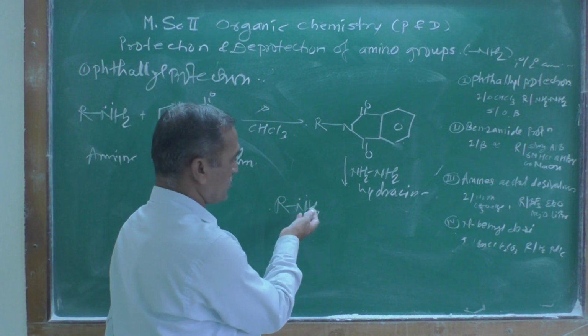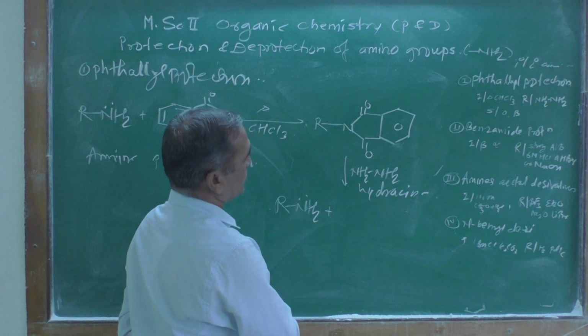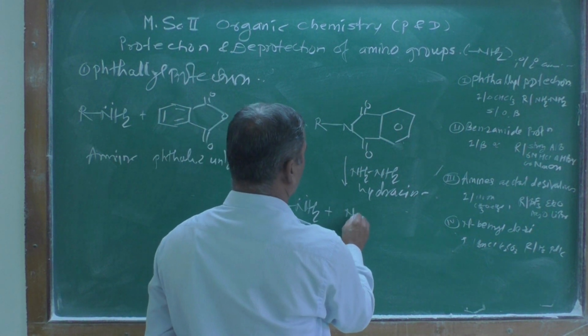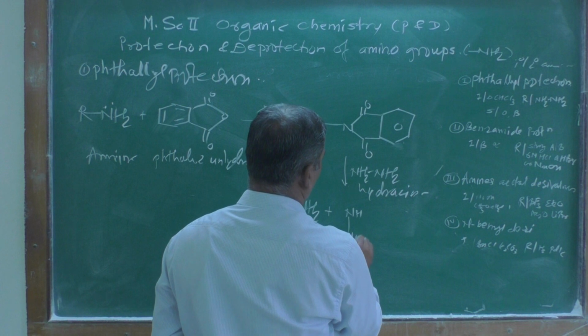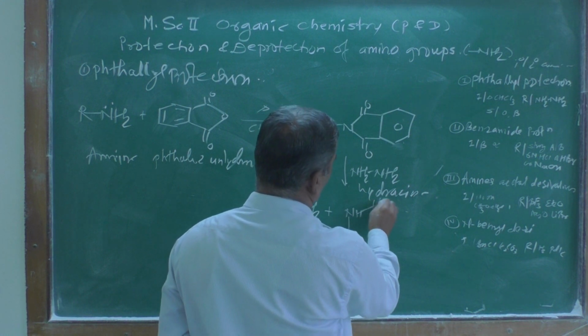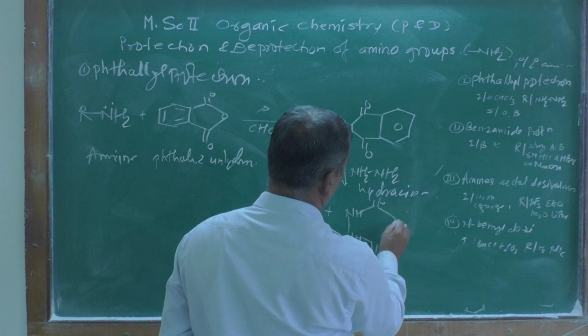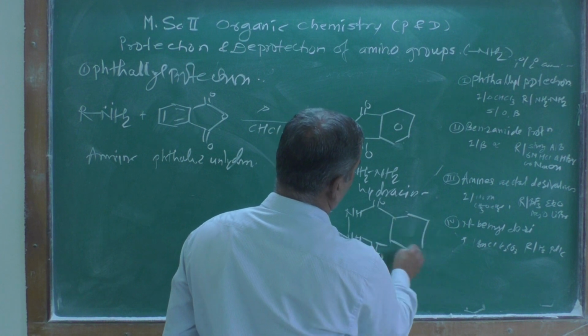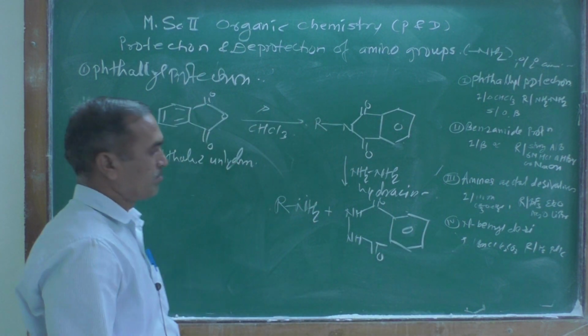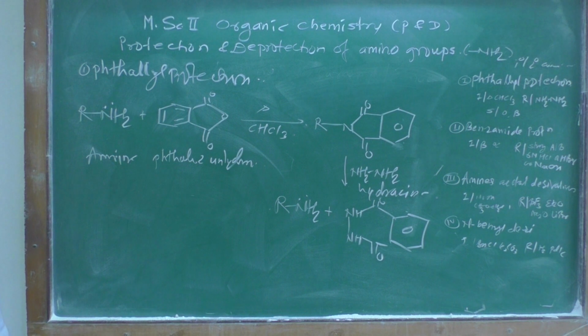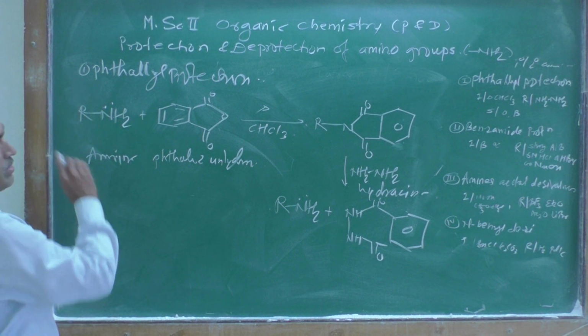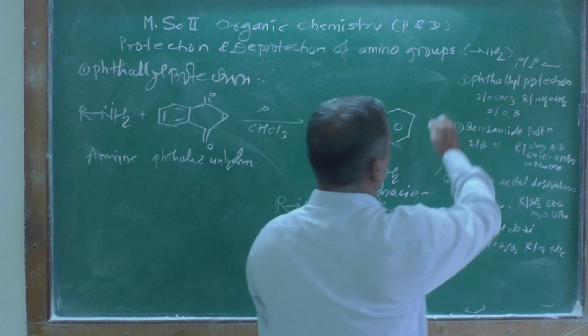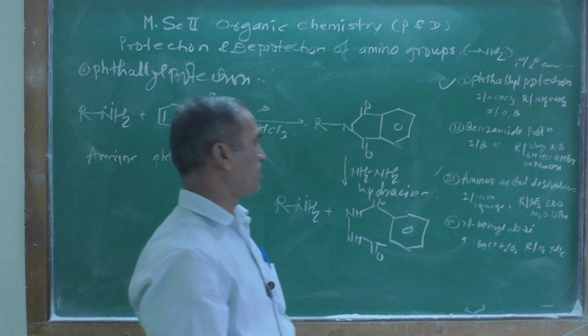After the deprotection we get that functional group as it is, and you are going to get here NH, then C double bond O, with a benzene ring. That type of product you are going to get. So this is the first one we have seen here, phthalate protection.